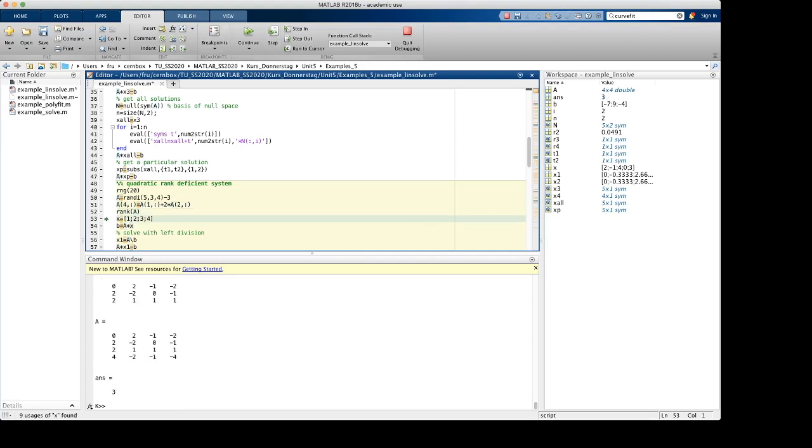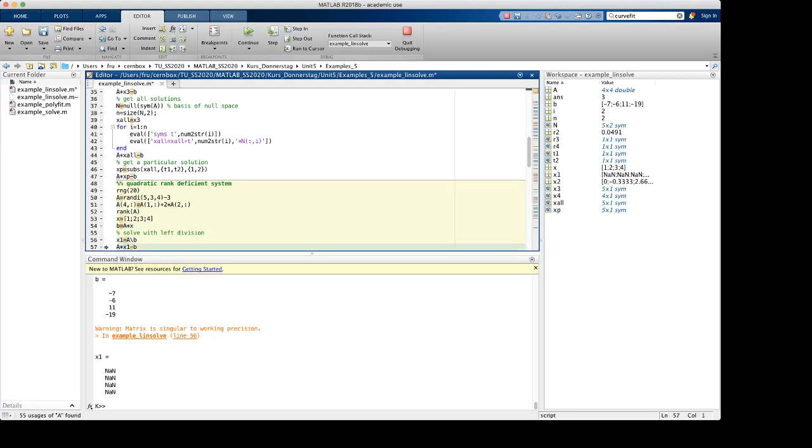So it's a rank deficient system, which again has, of course, an infinite number of solutions or no solution at all. So let's define the solution x, which is just the vector 1, 2, 3, 4. Let's compute again the right-hand side of the system. Now let's try to solve with left division.